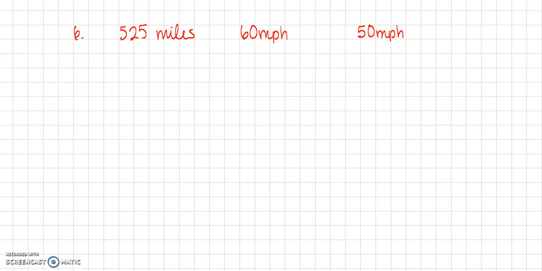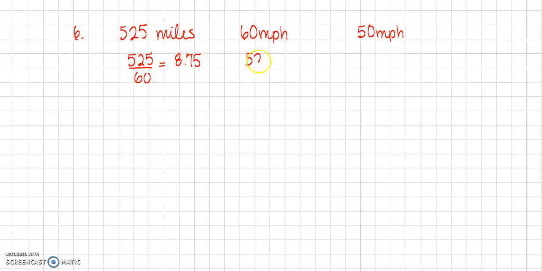So first, to find out how long it took us to go 525 miles going 60 miles per hour, you do 525 divided by 60, and that's 8.75. That's 8.75 hours.